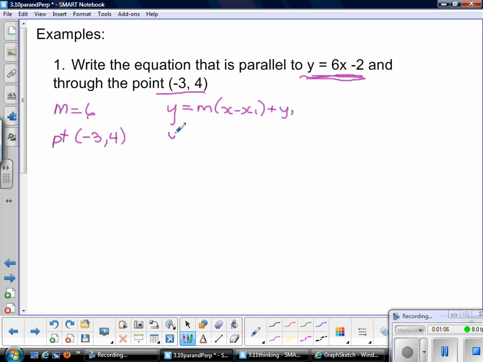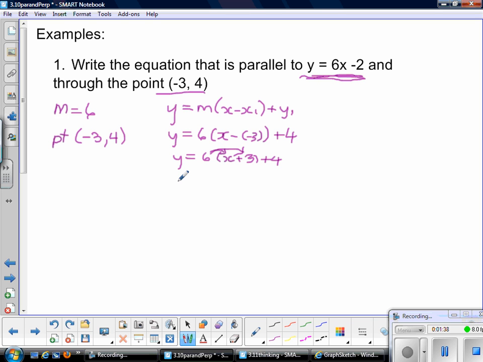So we have y equals 6 times x minus a negative 3, or if you wanted to put positive 3 right away, you could have done that, plus 4. Okay, so I have x plus 3 in the bracket, plus 4.